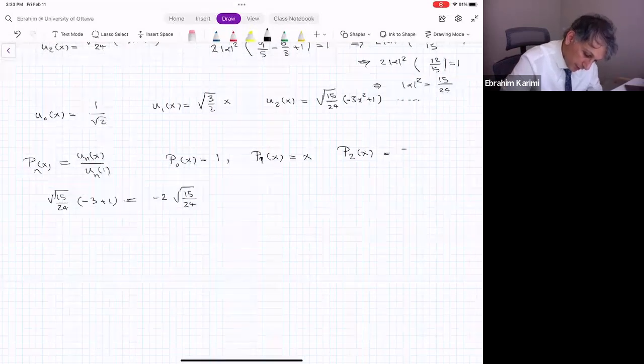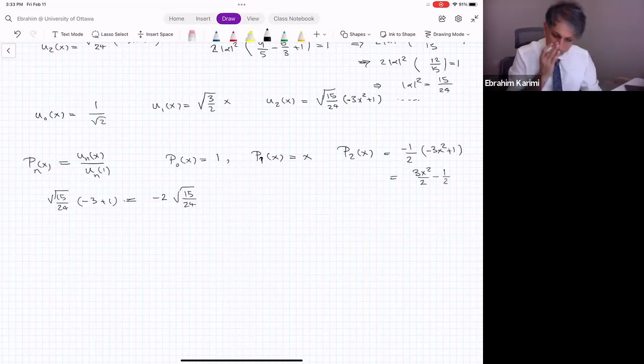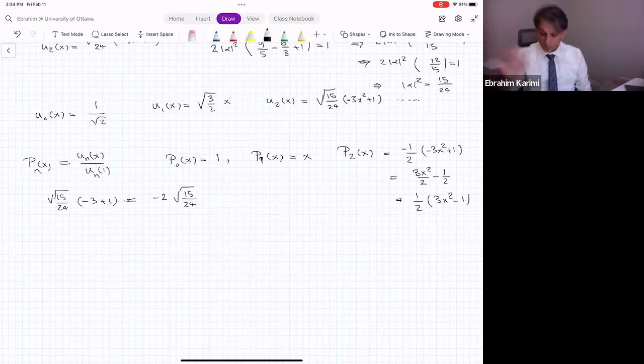So it will be minus 1 divided by 2 of minus 3x2 plus 1, which is essentially 3x power of 2 divided by 2 minus 1 divided by 2. Or you have seen this in this form, 1 divided by 2, 3x power of 2 minus 1. Is it familiar now, guys? And etc. You can build up that.